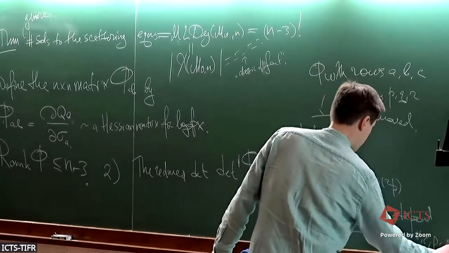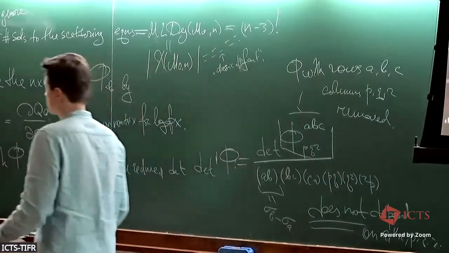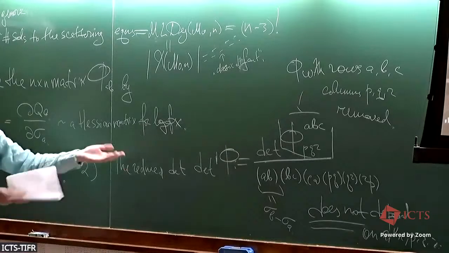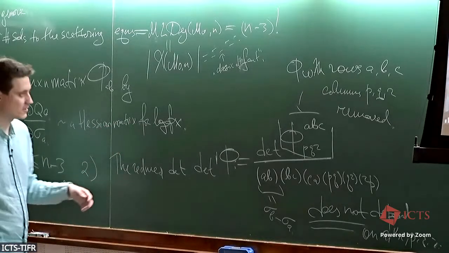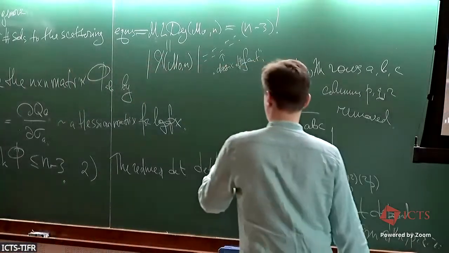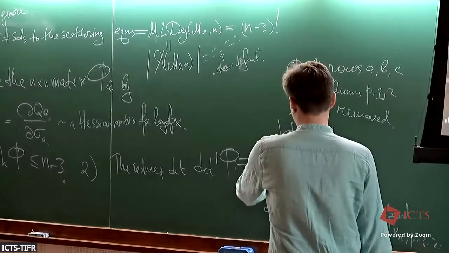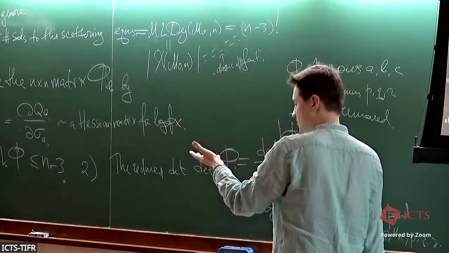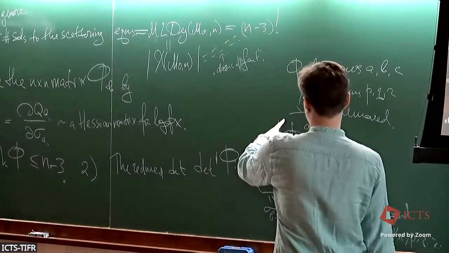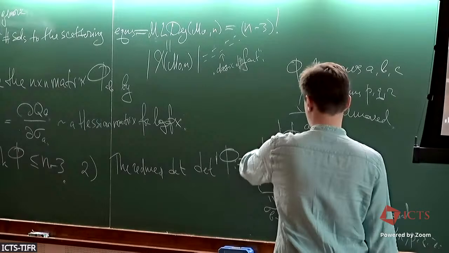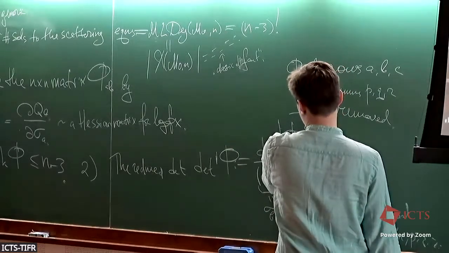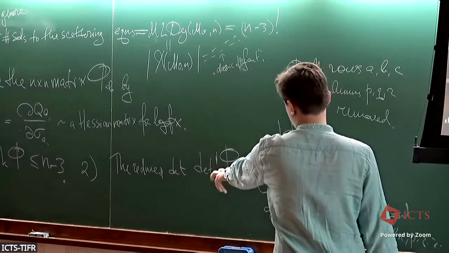So it turns out that this matrix, although it's rank deficient, is also highly structured. All of the (n-3) minors are either 0 or all of them are non-zero. And when they're non-zero, they're highly connected, because for any choice of A, B, C, P, Q, and R, the function that you get will not depend on this choice.